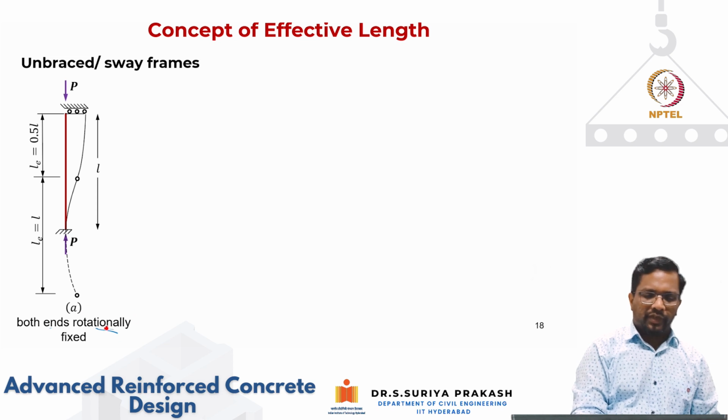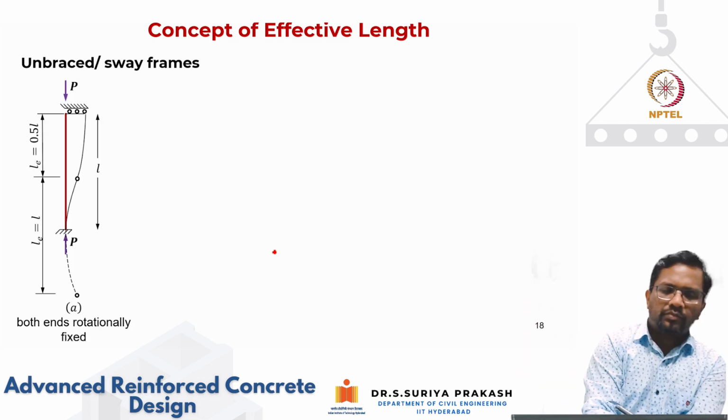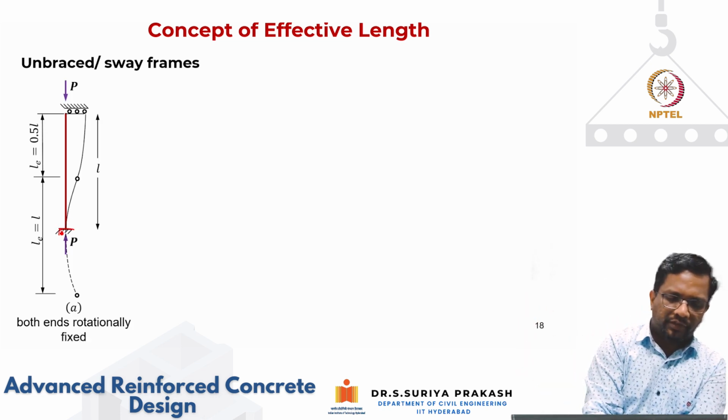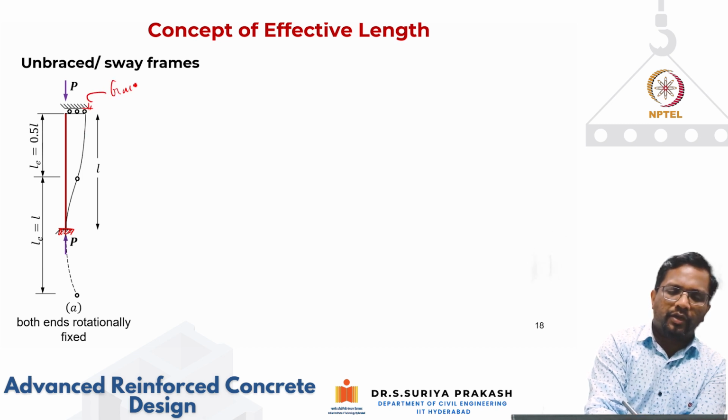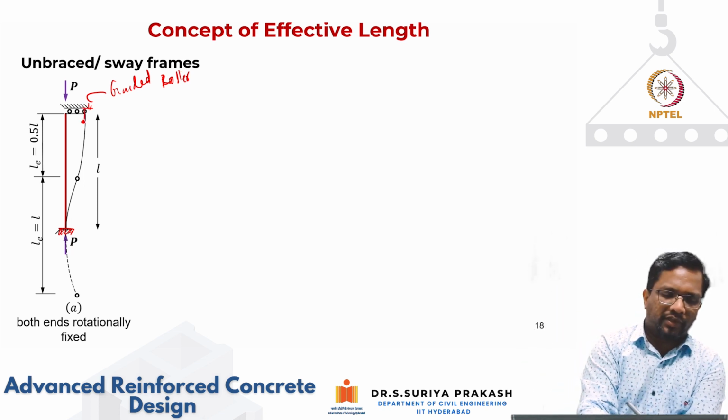Rotationally fixed means, again you see here, this is fixed, but the top point I am putting on a guided roller. That means the top of the column can actually move laterally. However, the rotation is arrested. That is why here we have put a guided roller.